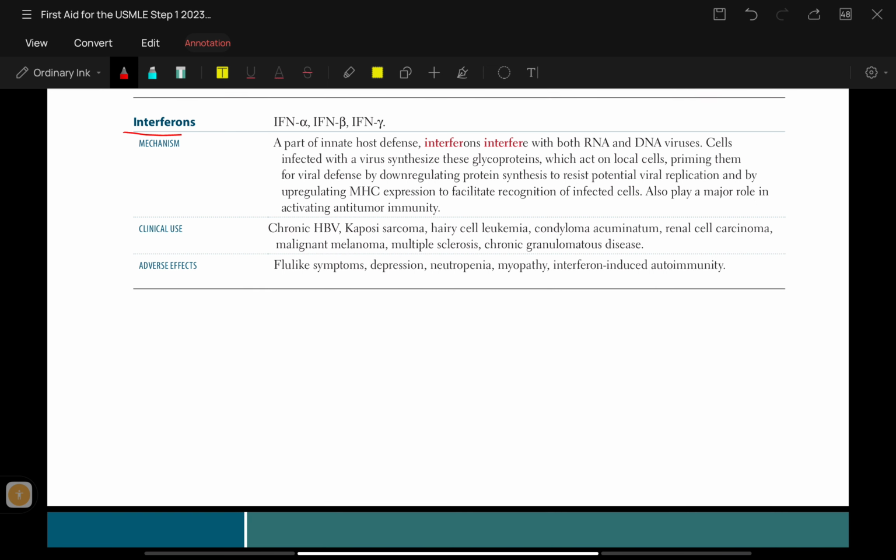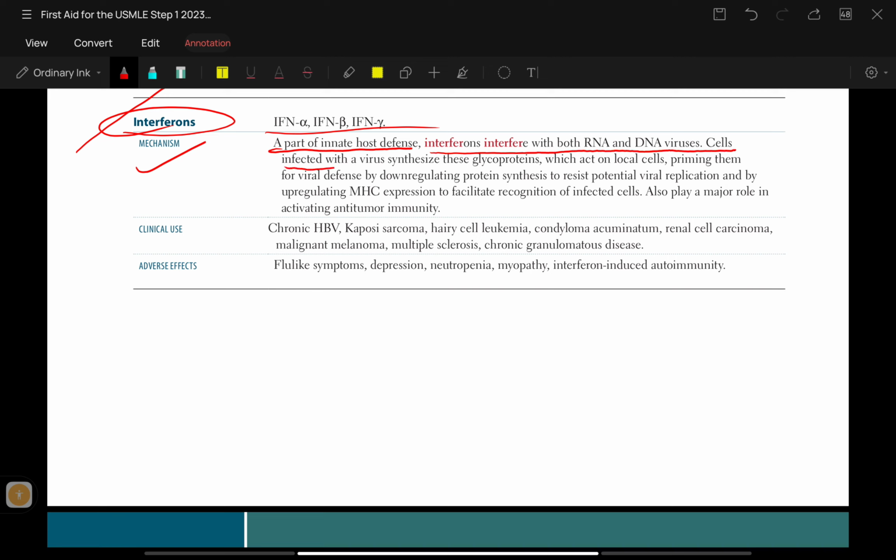Now here we talk about interferons: interferon alpha, interferon beta, and interferon gamma. These mechanisms are a part of innate host defense. Interferons interfere with both RNA and DNA viruses.